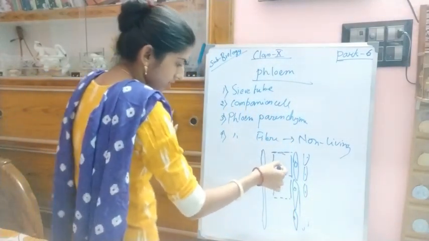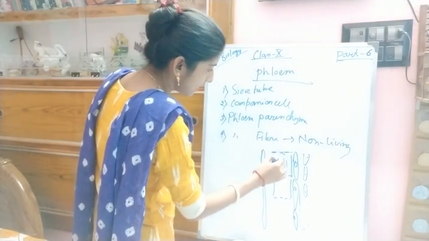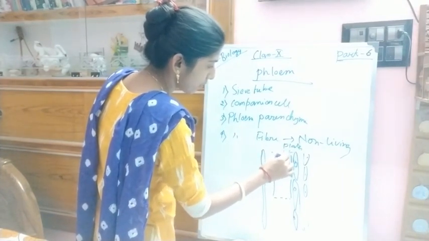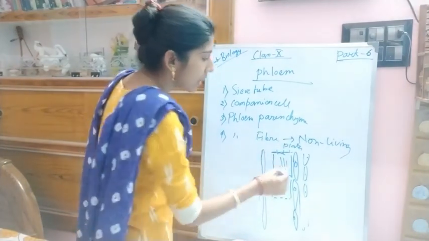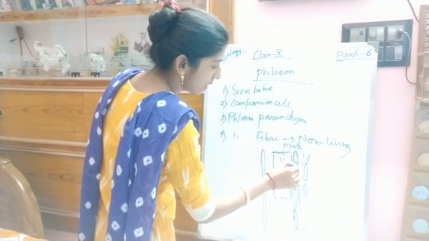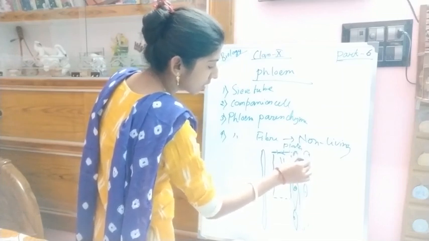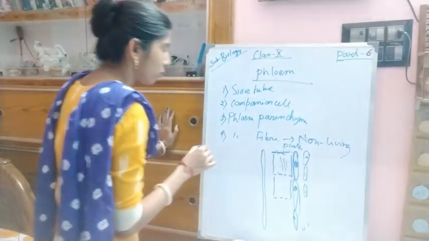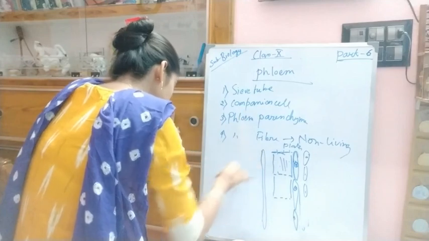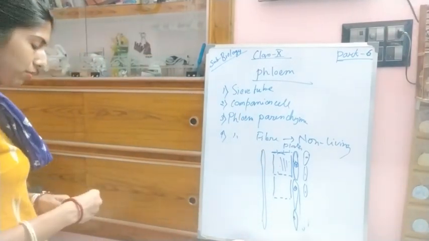So if we consider that this part is the phloem sieve tube, and there are some plates present that are called sieve plates. They are having some perforated wall. Beside that sieve tube there is a cell present, which is called the companion cell. As I have mentioned, companion cells are having nucleus, and this is another nucleus containing component, phloem parenchyma, and the tube-like structure, which is called phloem fiber. So these are the different parts of phloem.